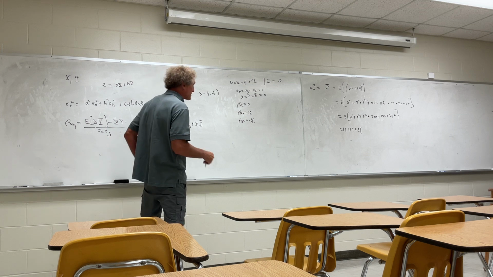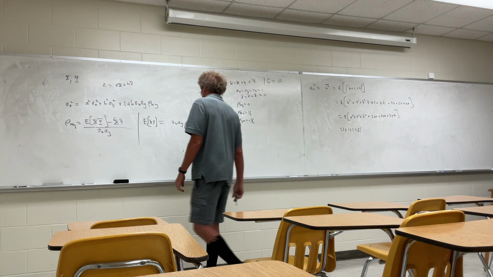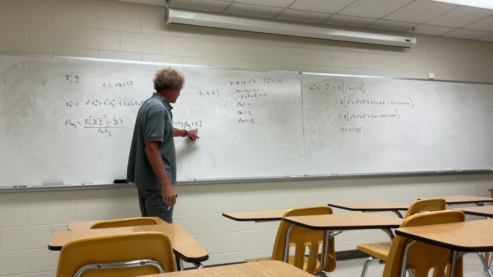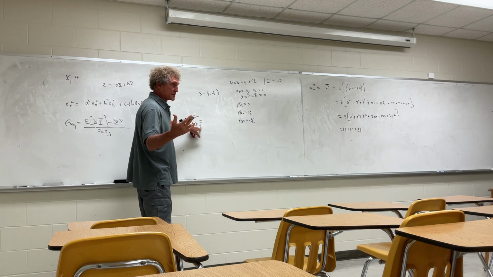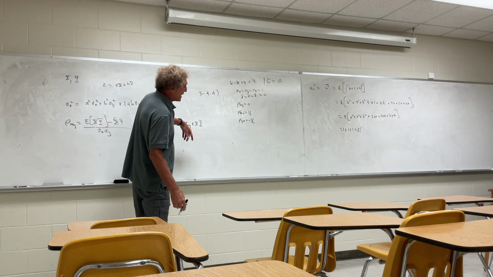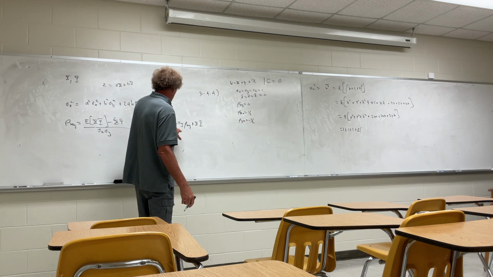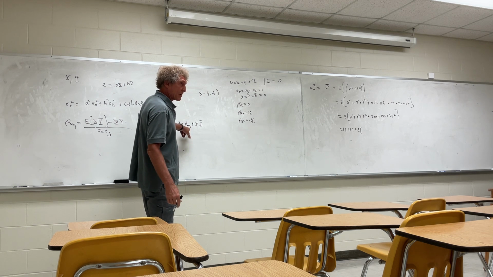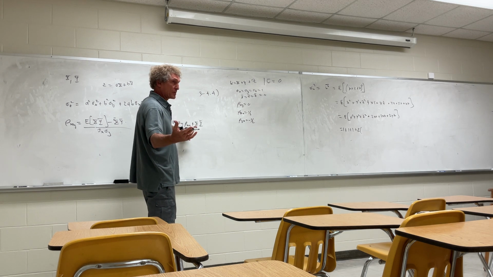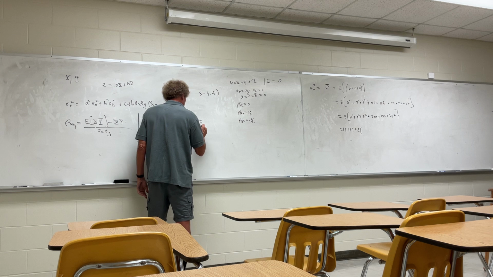Now for XZ here, I know X bar and Z bar are 0. So I simply take 1 times 1 times plus a half, right? That was the 0. Well, I should say XZ here.